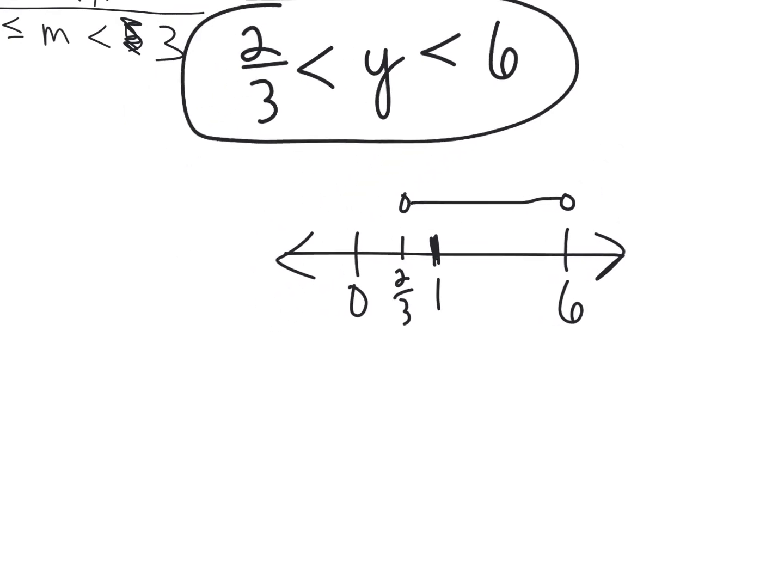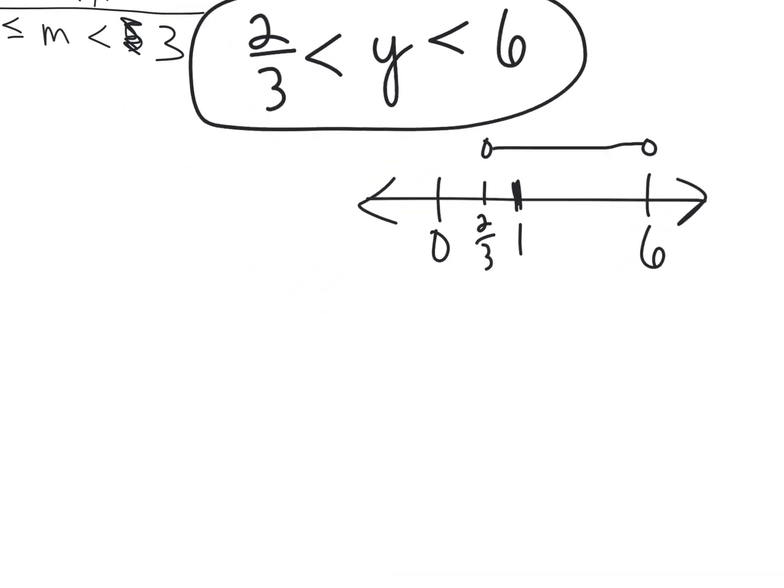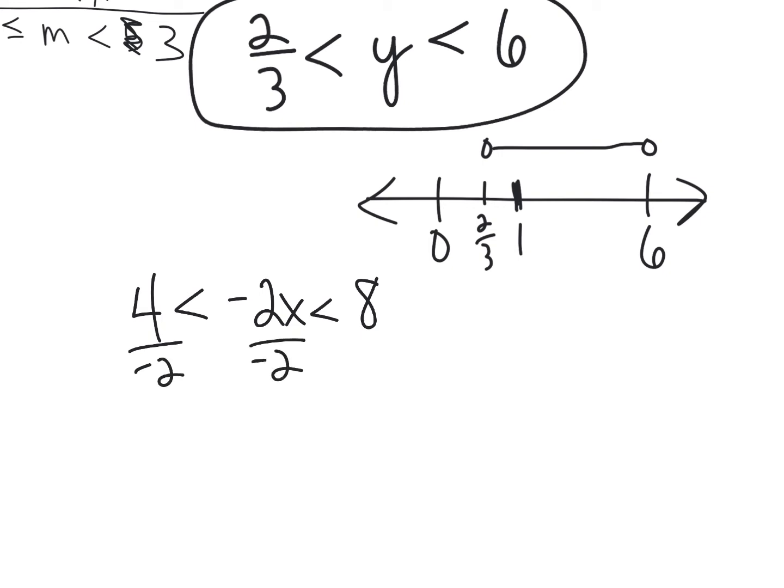Okay, and we didn't have it on this problem, but just to mention it, if you get down to a point where you have, let's say you have 4 is less than -2x is less than 8, what you'd have to do is divide everything by -2.